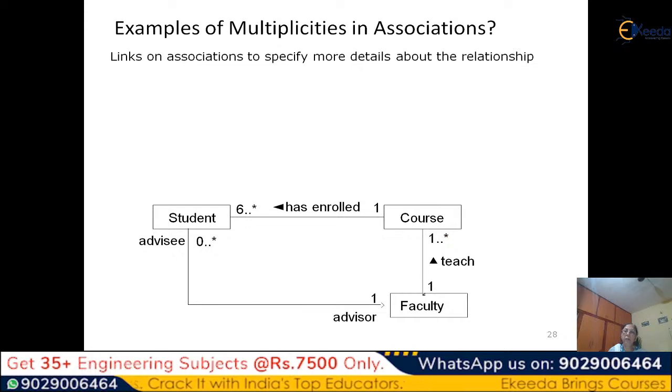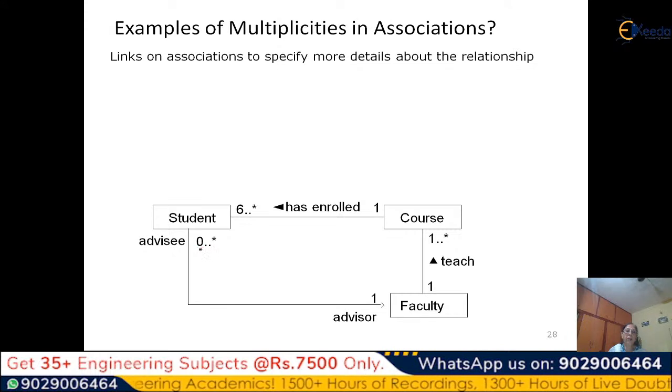Similarly, one faculty can teach more than one, so star denotes that it can be multiple. This gives you the multiplicity. Here it is single, but here it is multiple. And here, some set of students will have one faculty as advisor, or a mentor to them.